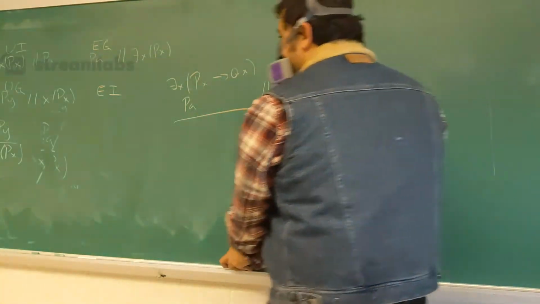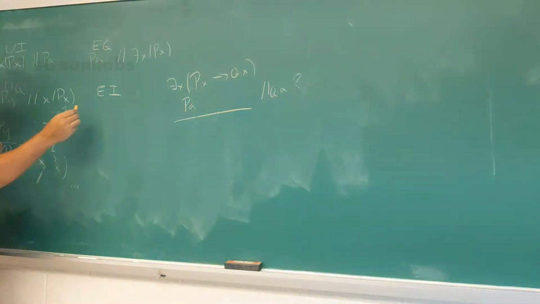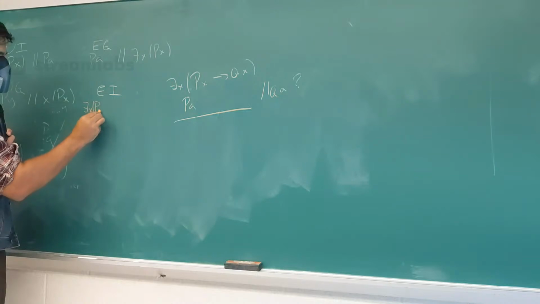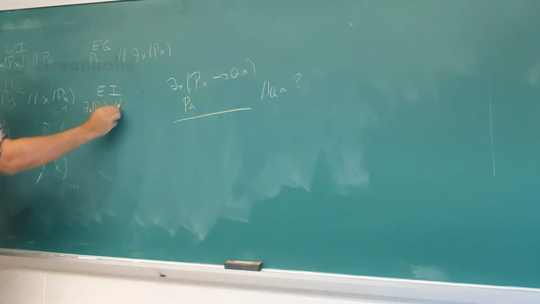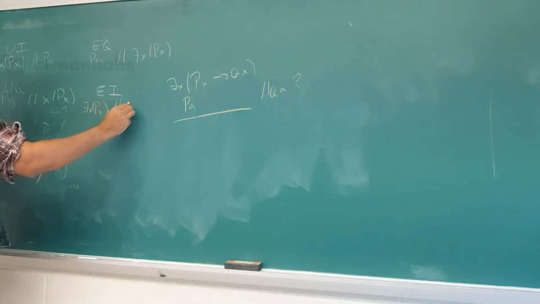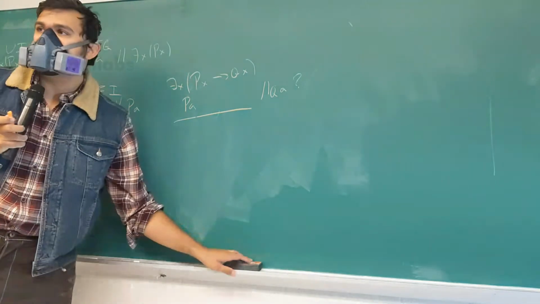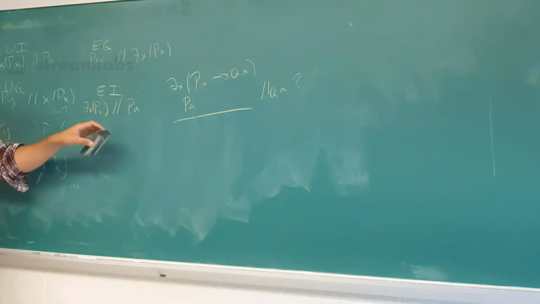So the form of existential instantiation goes like this. If I have a general existential, I can conclude that some A, some particular named object, fits into that.